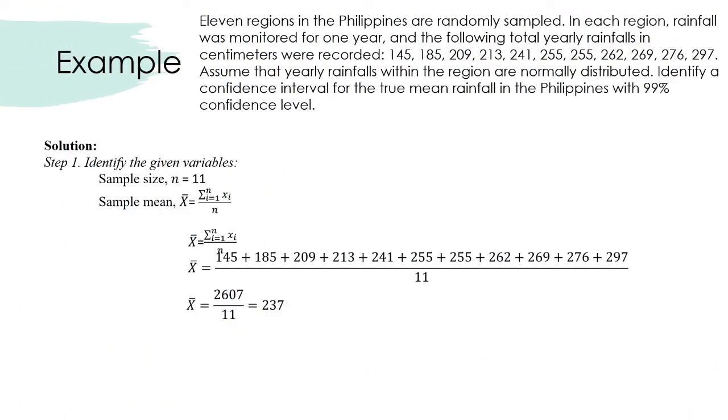Let's have an example. 11 regions in the Philippines are randomly sampled. In each region, rainfall was monitored for 1 year, and the following total yearly rainfalls in centimeters were recorded.